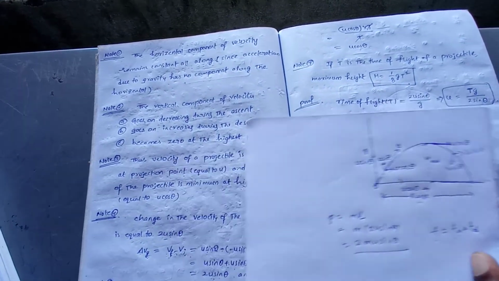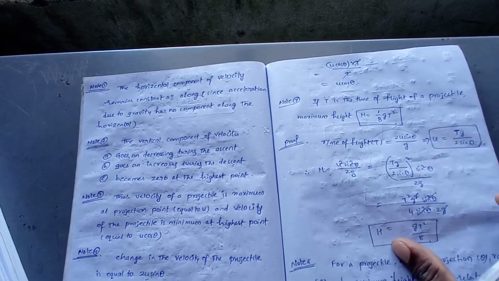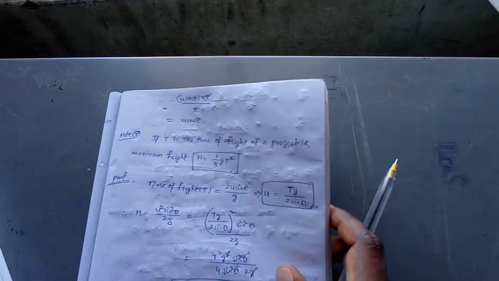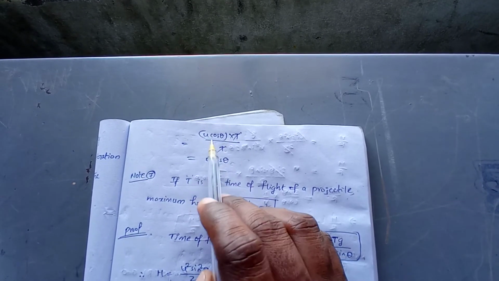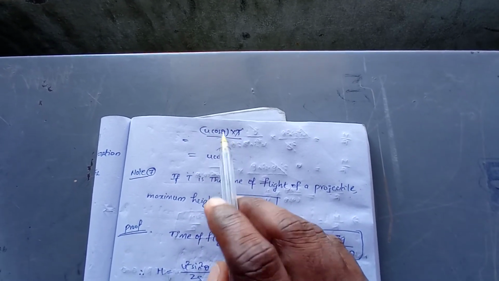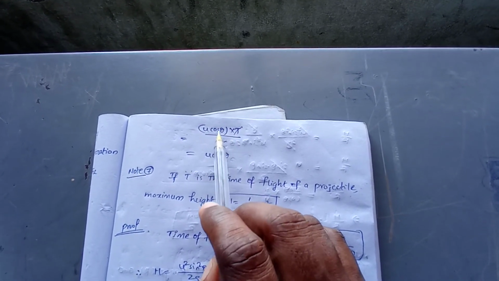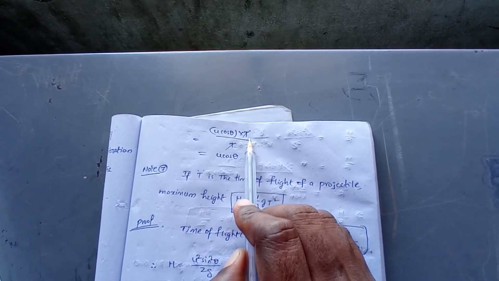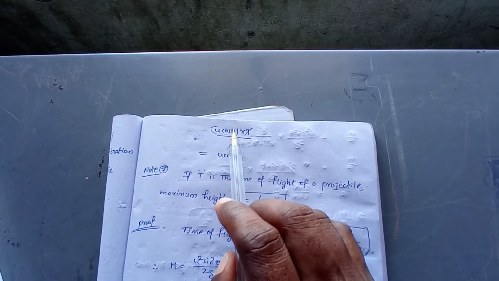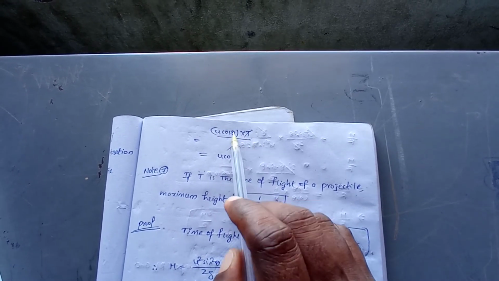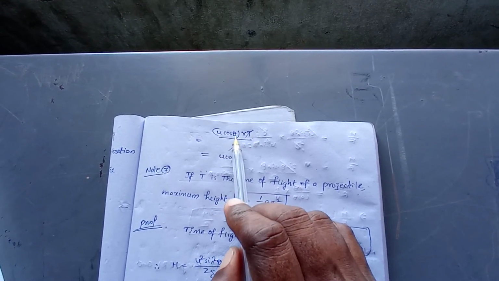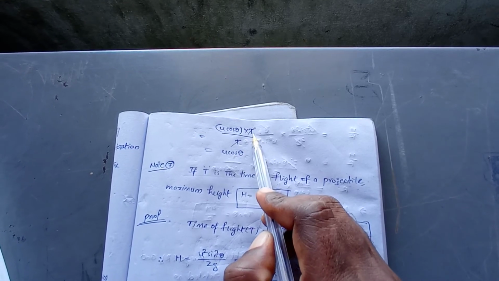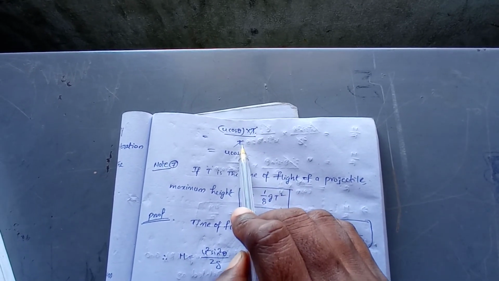What is the formula of range? That is the product of the horizontal component of velocity and time of flight. So this is the range formula: u cos theta into T. U cos theta is the horizontal component of velocity, and T is time of flight, divided by time of flight.